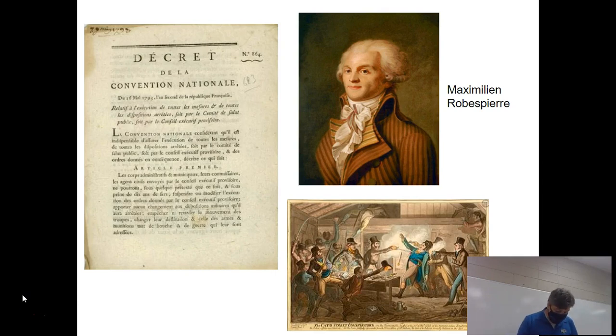The government is in total chaos after the king's execution. And it's looking like in the spring of 1793 that France is actually going to lose this war, and that the Austrians and the Prussians are going to actually succeed in capturing Paris and putting in a government that they consider to be more appropriate.